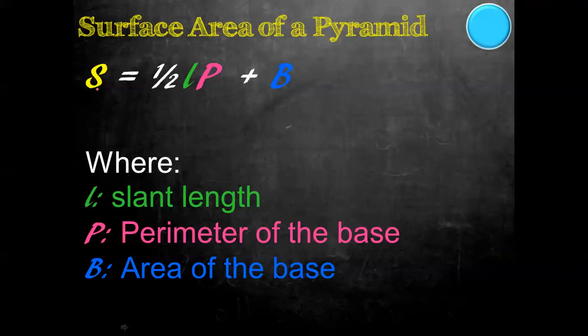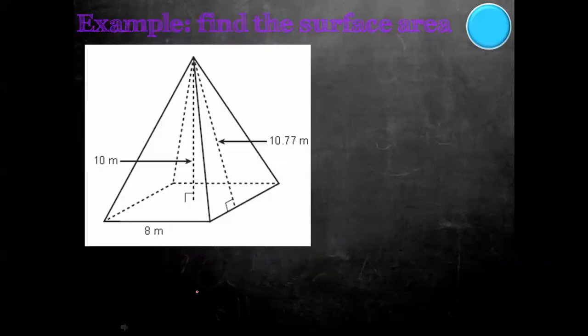A pyramid is going to have the formula 1/2 L P plus B. L is the slant height or the slant length, P is still going to stand for the perimeter of the base, and big B is still going to stand for the area of the base. So we still have some things that are common to what we've already been doing, but the formula is a little bit different. Here we want to find the surface area.